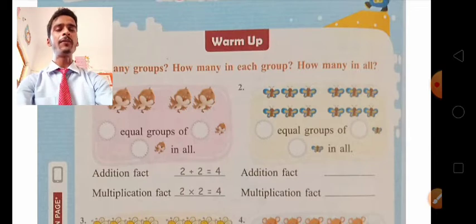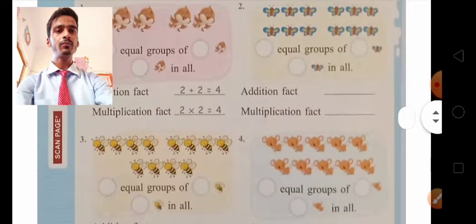And the multiplication fact will be 4 multiply 3, because 4 is the number of groups and 3 is the number of butterflies in each group. So 4 multiply 3 will be 12.